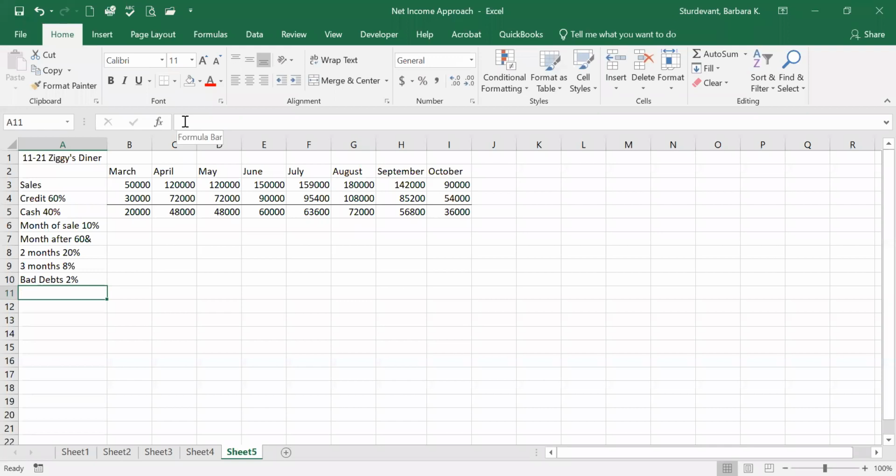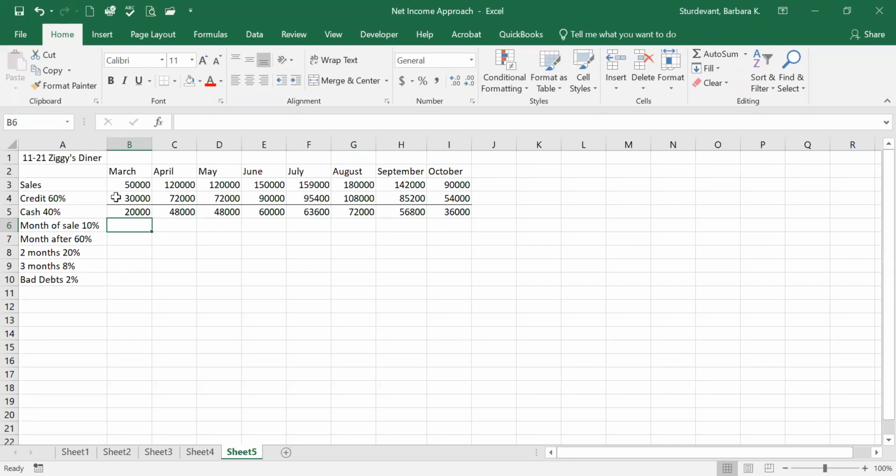If you add all those up, they come up to 100%. Okay, it's all about the diagonal. And so we're taking the credit sales and we are splitting them out to when they become cash.